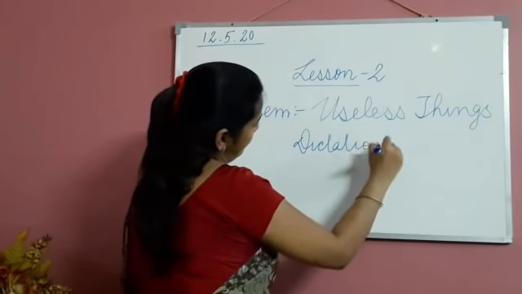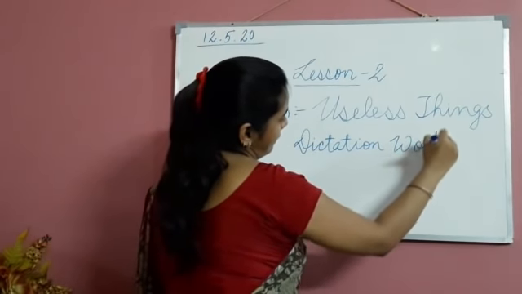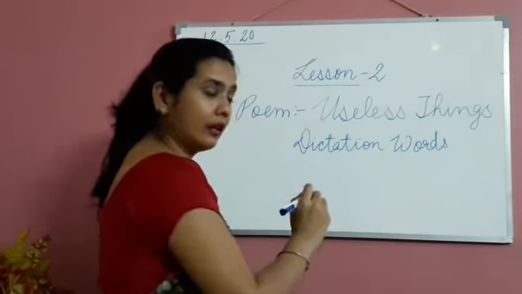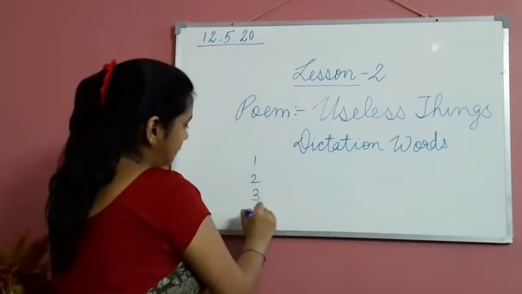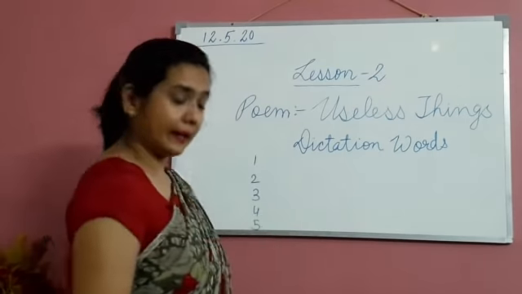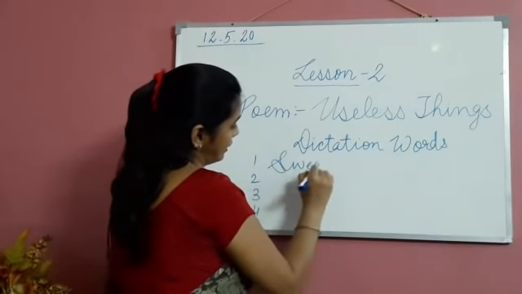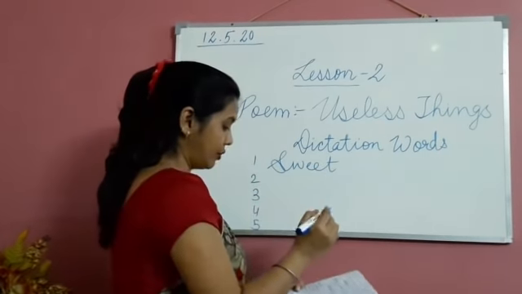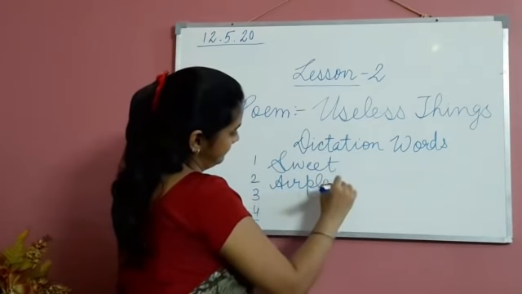Then you will write here dictation words. Dictation words, okay? And write down the dictation words. 5 dictation words are there. I have given only 5 dictation words. That is, number 1 is sweet. Number 2 is airplane.